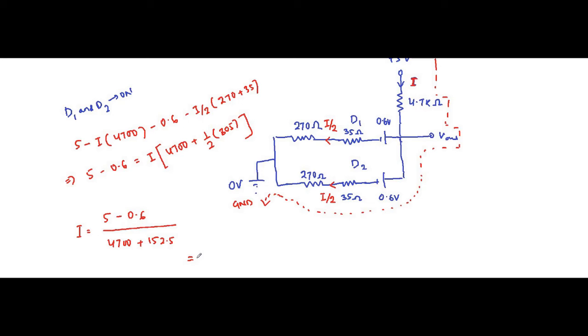So it is coming around 9.067 into 10 to the power minus 4 ampere. This is the current I here.